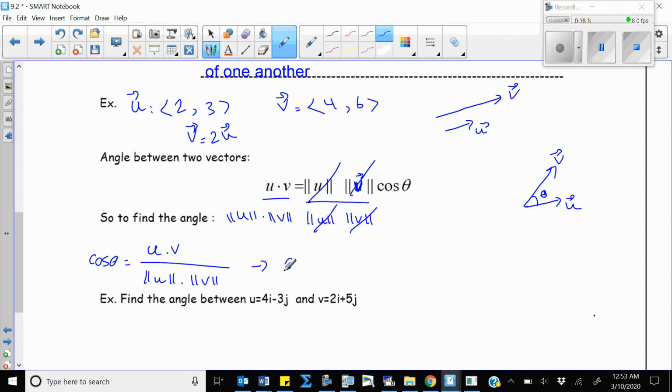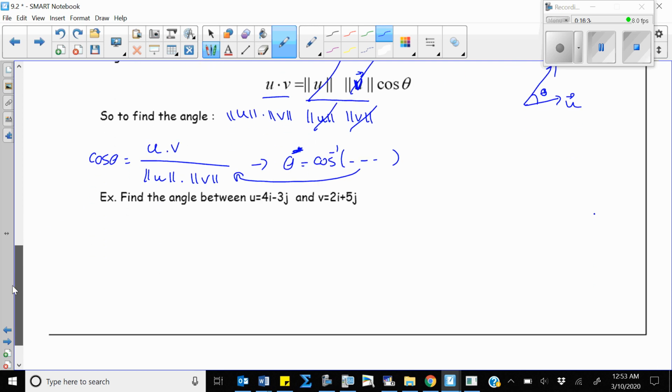And after that, if I take the inverse function of cosine of whatever we have here in this fraction, that will give us the theta, or the angle between two vectors. So let's practice this example.